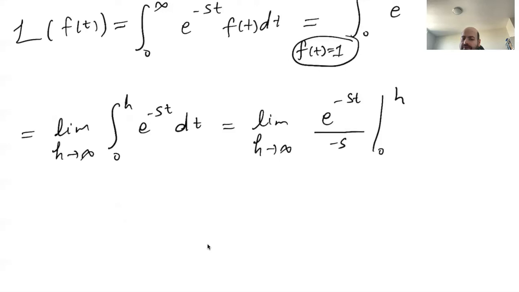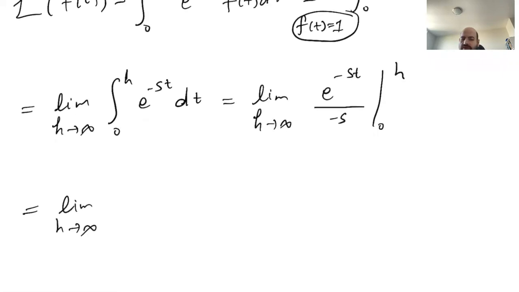And if we calculate this, then this is equal to limit h goes to infinity. Now I have to calculate this function at this point minus this function at this point. So I have to replace t with h first, minus, then replace t with 0. And then what do we get?